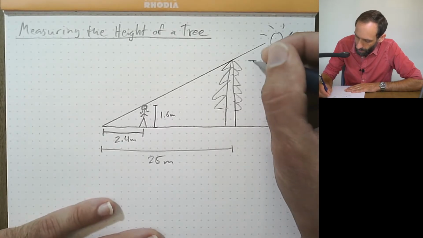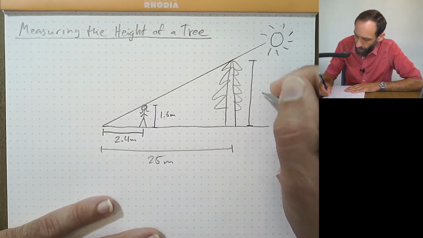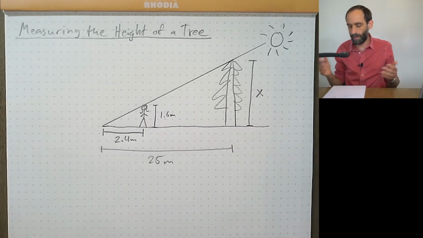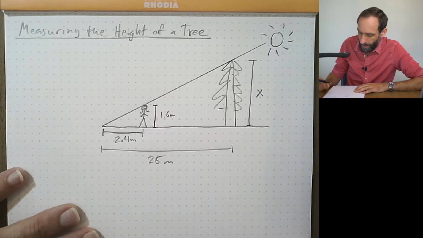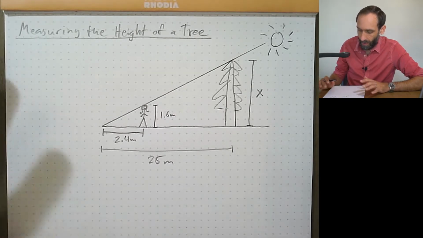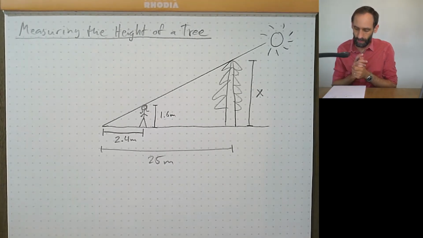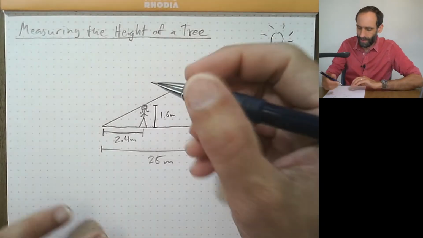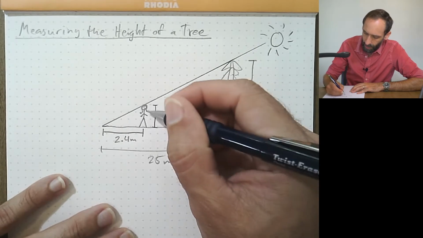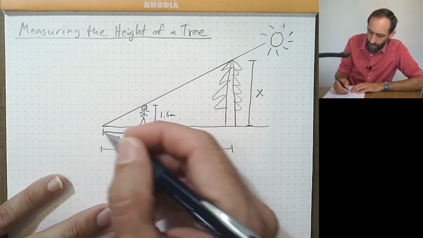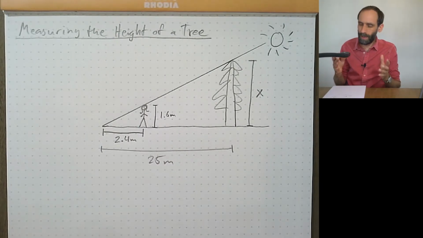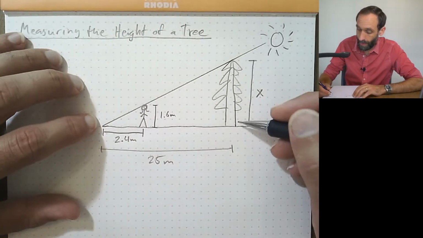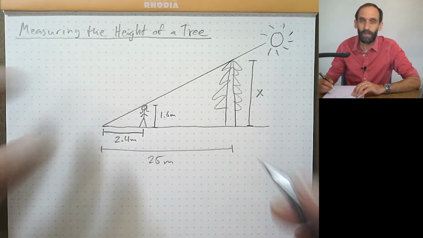Now, the thing we don't know, of course, is the height of this tree. So let's put x in for that. X is typically what we use to represent some quantity that we don't know. Now, if you look at this situation and think about what's going on here, the idea may come to you that it makes sense that the ratio of the height of the person to the length of the person's shadow should be the same as the ratio of the height of the tree to the length of the tree's shadow.